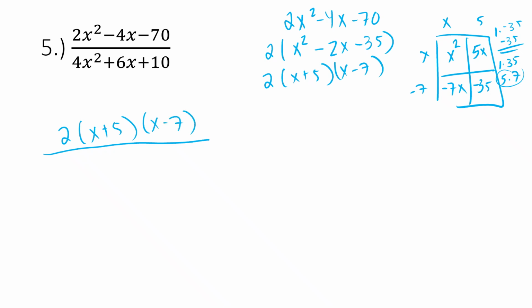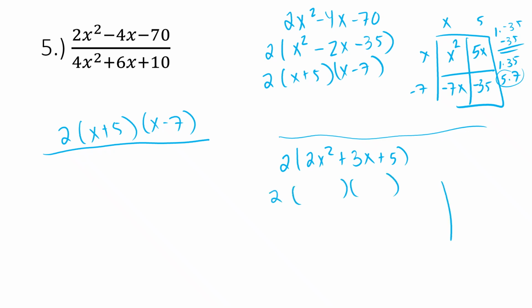Now, this one down here also has a GCF of 2. Kind of hoping it would be a 4, but it's not. It's a 2. So we'll do the same thing there. It's not going to come out quite as nice, but 2x squared plus 3x plus 5, and at least they're not enormous numbers. So we set up our area model.